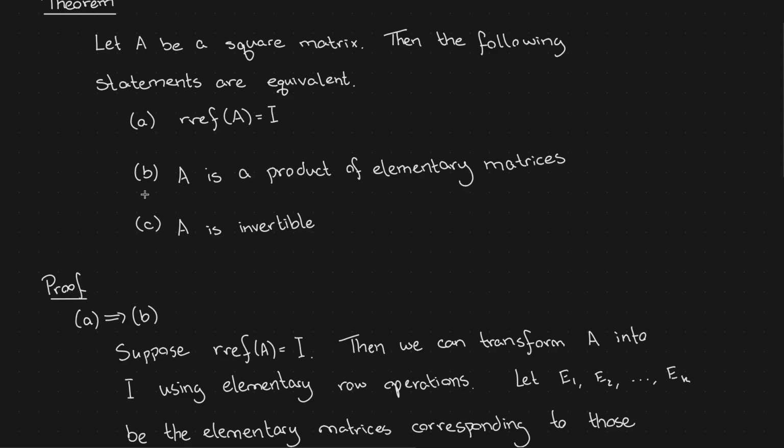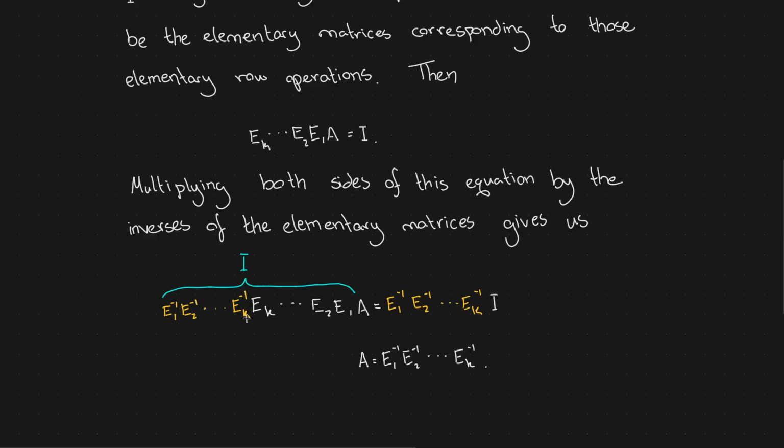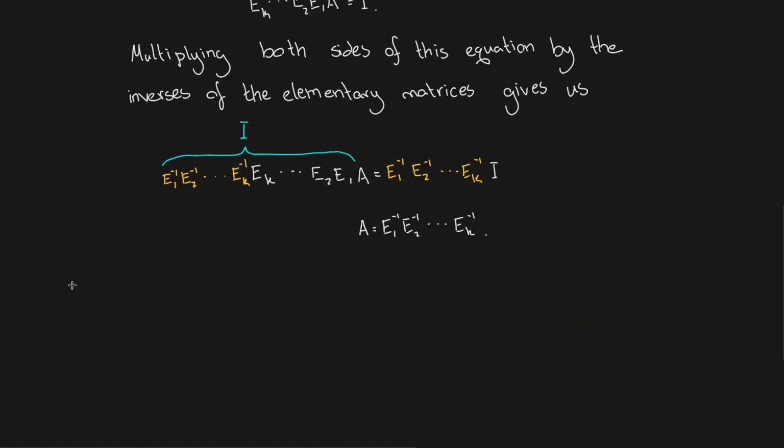Okay, next let's show B implies C. If A is the product of elementary matrices, then A is invertible. Suppose matrix A is the product of elementary matrices.